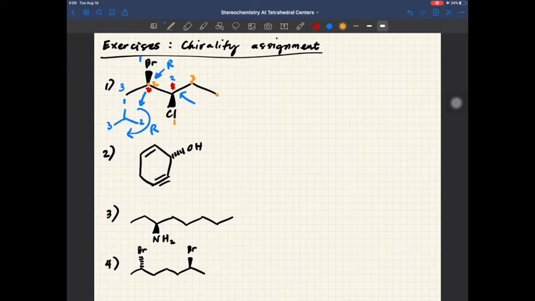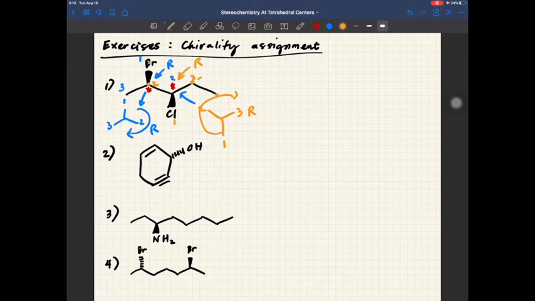However, in the carbon at the left, what is bonded to it is a bromine atom. So bromine takes higher priority than carbon, and therefore this carbon is designated as number 2, whereas this carbon right here is designated as number 3. So carbon number 3 has this orientation, which is 1, 2, and 3. It is still R. So both of the chiral centers have an R designation for their relative configuration.